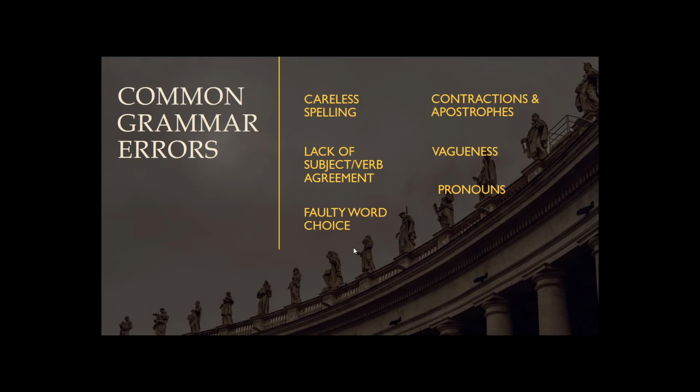Lack of subject-verb agreement. So if your subject is plural, then your verb has to be plural. So if you say Herman and Jack were going to the store, so the were is plural. You can't say Herman and Jack was going to the store. Vagueness. So a lot of times students are very vague with their words, and so their meaning isn't very clear. So you want to make sure that you're choosing words where things are very clear and that the reader doesn't have to interpret. Faulty word choice.